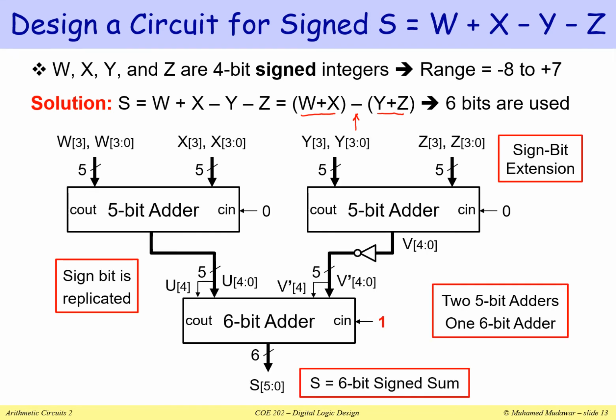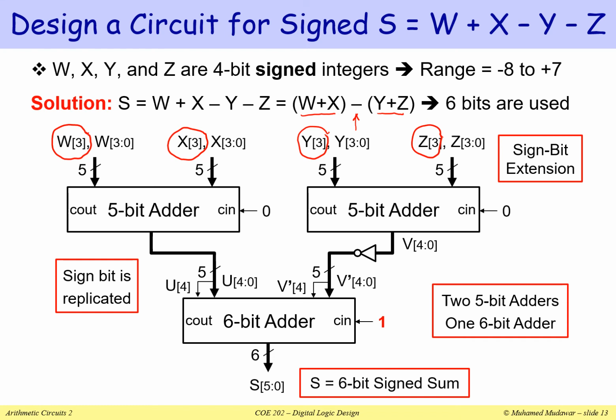This is shown here. I'm using a 5-bit adder to calculate W plus X. Now notice that W and X are sign extended. You can see that the sign bit is replicated. W3 is replicated, X3 is replicated, Y3 is replicated, and Z3 is also replicated.